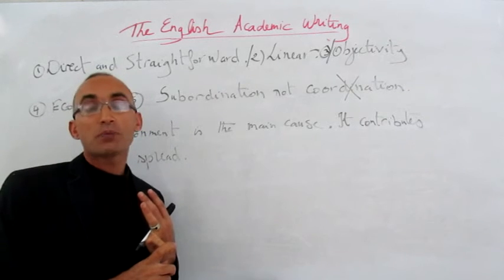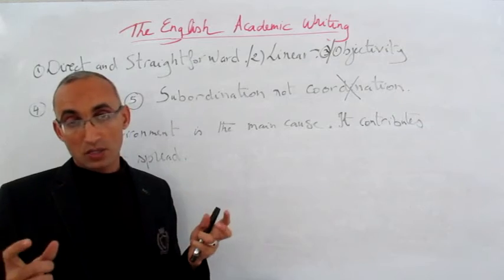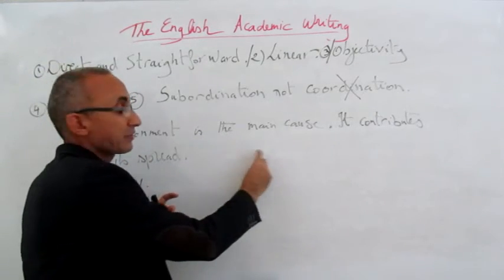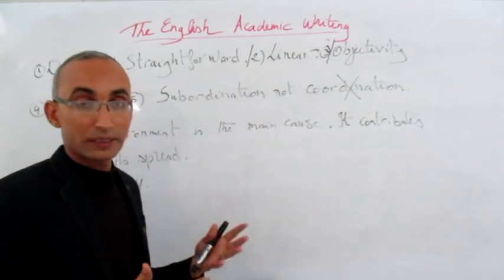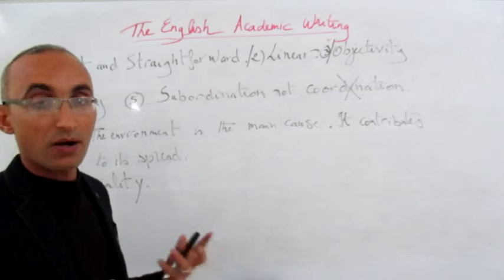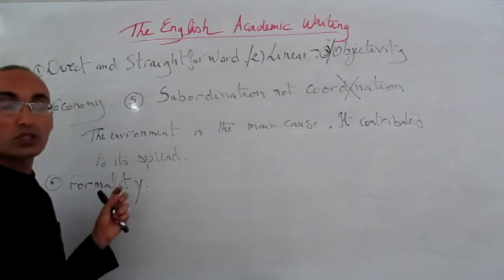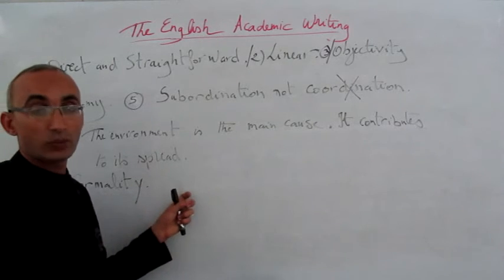We must also avoid abbreviations of some words. For numbers, we must write them in letters, not in numbers. All these are features of the formal language, which is also the English academic language.